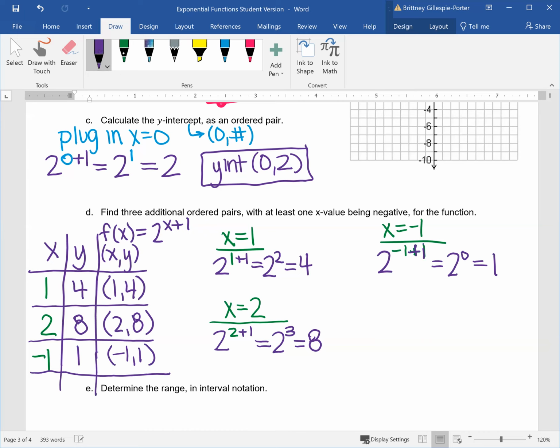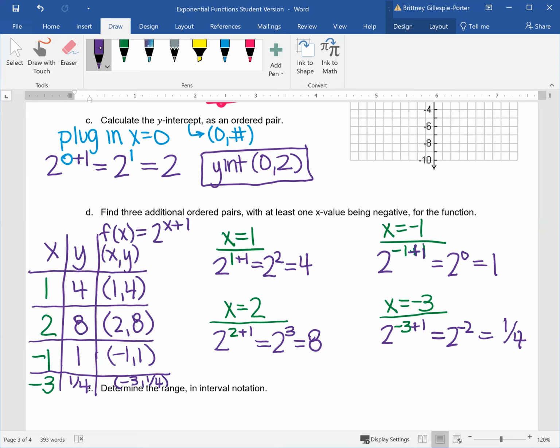I'm going to squeeze in a -3, just so you can see what happens when you get more negative. Okay. We would have 2 to the -3 plus 1, which gets us 2 to the -2. If you use your calculator, that gets you 1/4. So we start getting small very quickly.